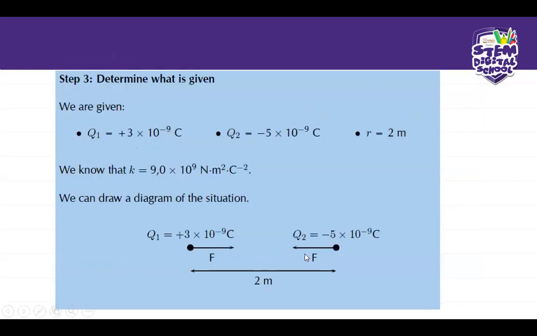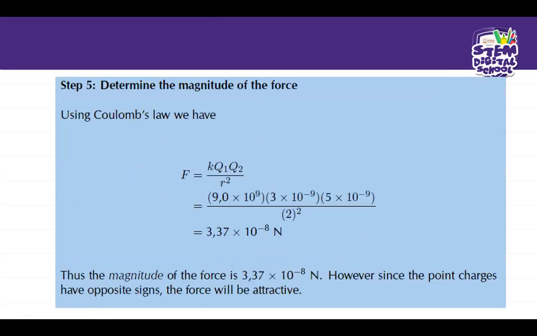The negative is always moving to the left hand side, and the positive is always moving to the right hand side. Okay, so this is our 2 meters, guys. Please don't forget to draw your free body diagram all the time. It's very important. And therefore, now you can place your information into your equation.